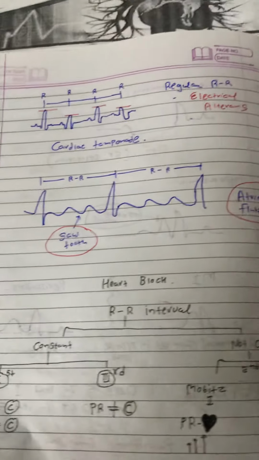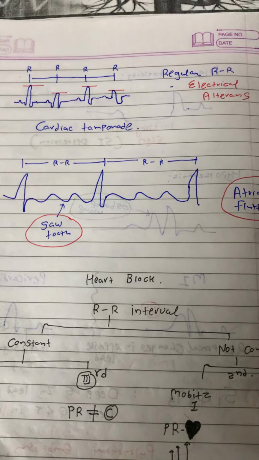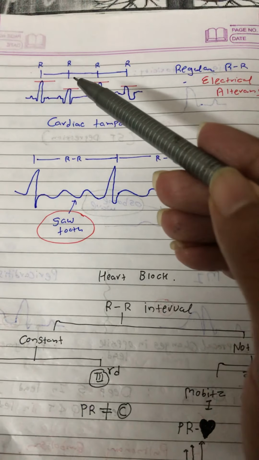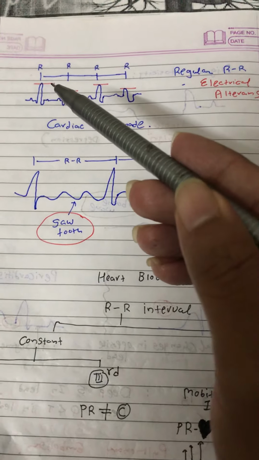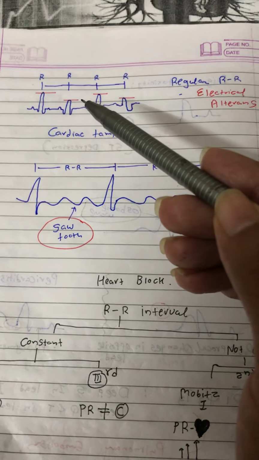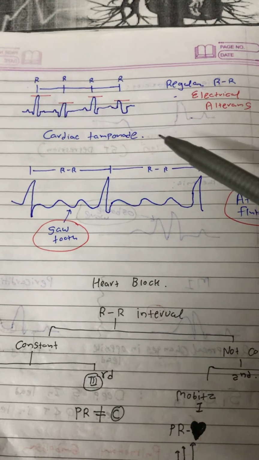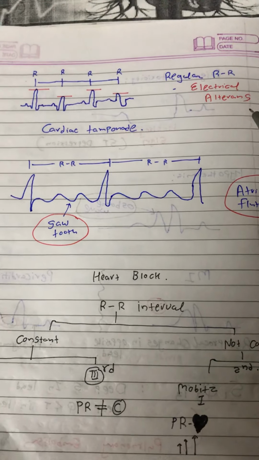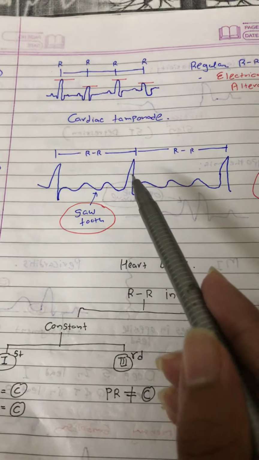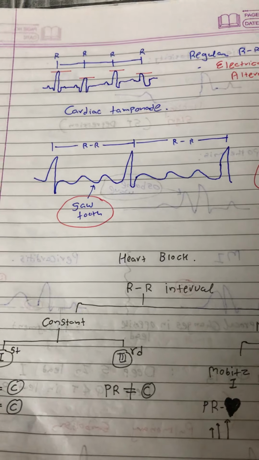In cardiac tamponade, electrical alternans is seen. The RR interval is the same, but there is a peak R wave, then smaller in size, then again increased in size, then again smaller. So there is electrical alternans. While in atrial flutter, the RR interval is the same, but a sawtooth sign is seen.